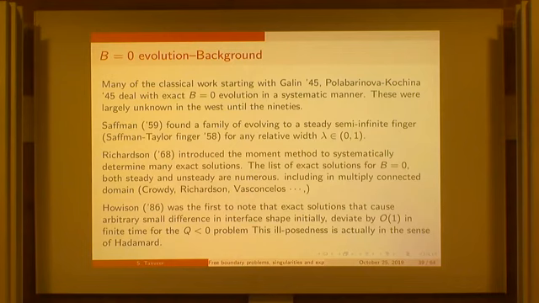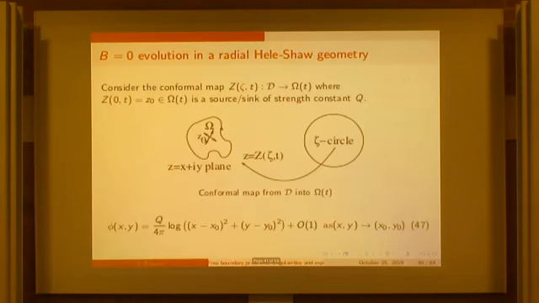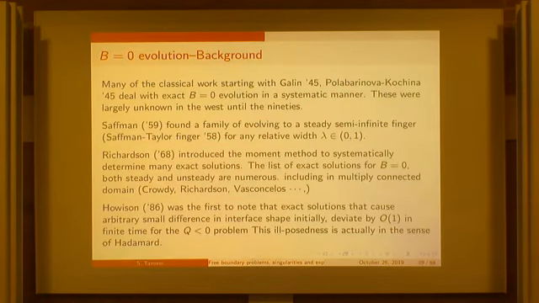So they have a whole machinery for generating exact solutions, but much of this literature was not known in the Western world until the breakup of the Soviet Union. Of particular interest in our discussion would be the exact solution Saffman found in '59, which shows an evolving finger into a semi-infinite steady finger. You start with some initial condition and it goes to, not any initial condition, because it's a particular exact solution.